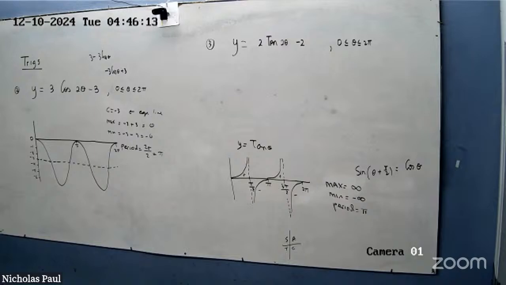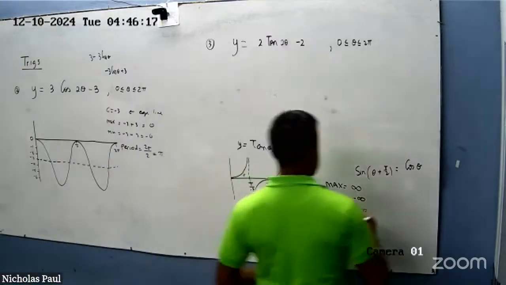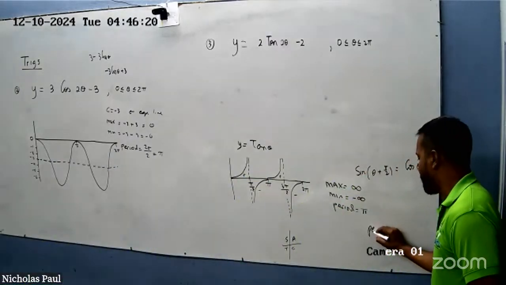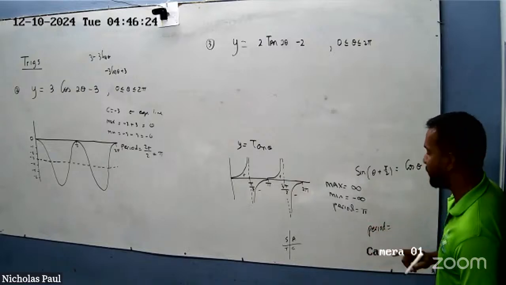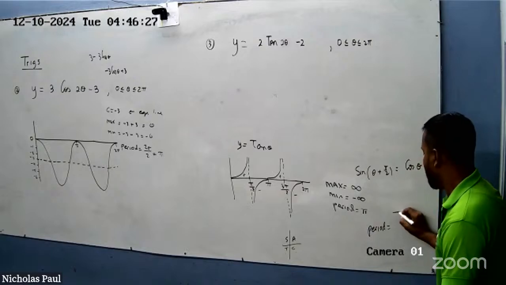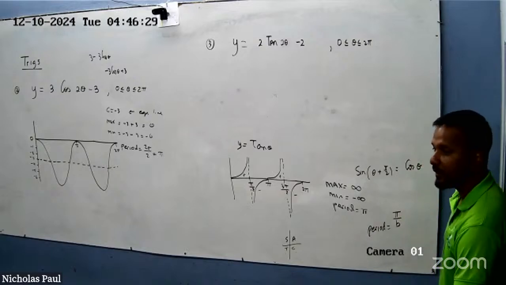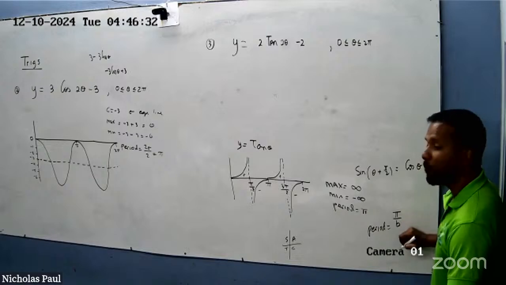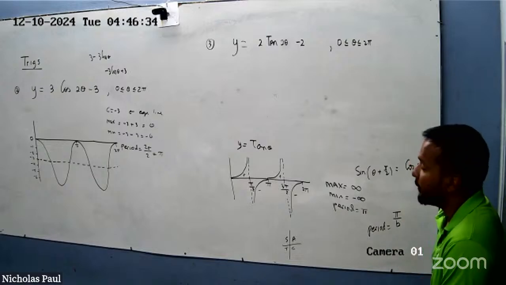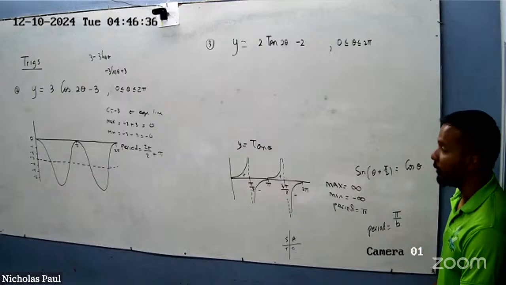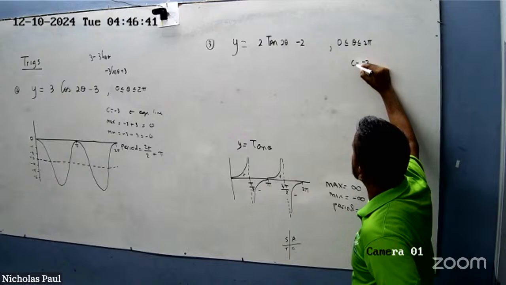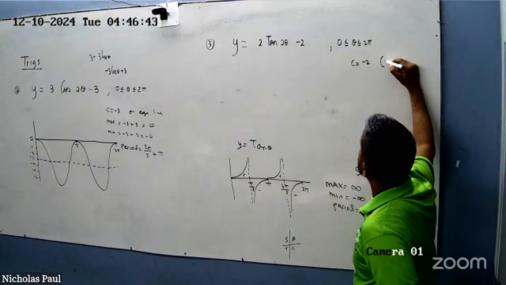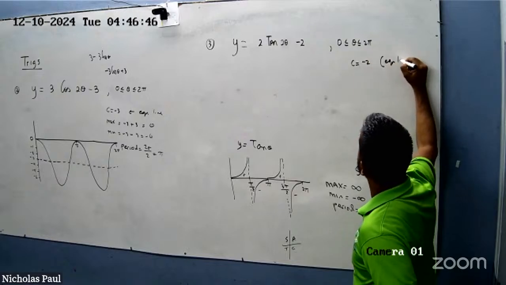Oh, wait, I forgot to give you the formula to find period. So period is no longer 2 pi on B, it is pi on B. So it's now pi on B, not 2 pi on B. So here we know the shift is -2, so that's the new equilibrium line.